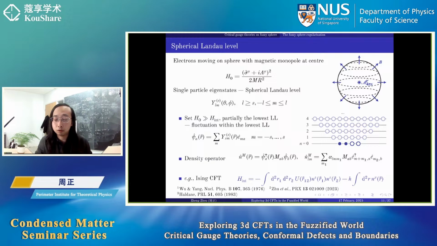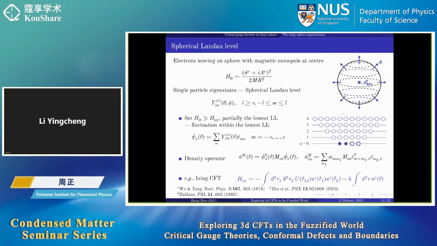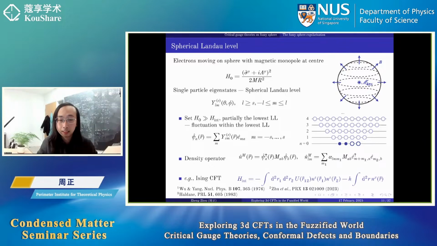It is some construction in the microscopic model in the UV. So as long as we know the microscopic model, then we know how to write down this density operator. Basically, the guiding principle of the Hamiltonian design is to match the phase diagram and match the global symmetry.